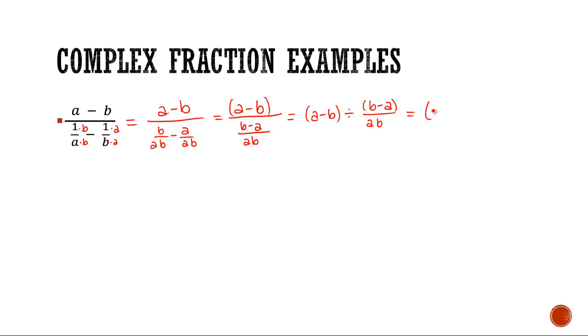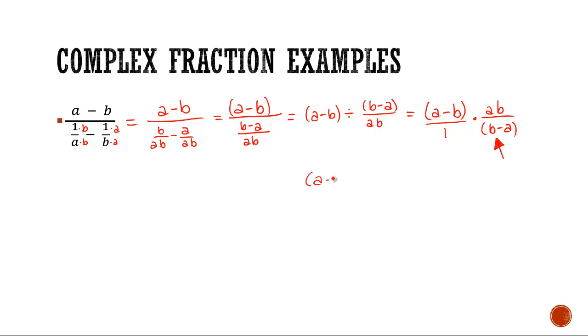So that turns it into A minus B over 1 times AB over B minus A. But now we have no common factors except the A minus B actually looks very similar to the B minus A. If you recall, it's really easy to flip the B minus A into an A minus B if we factor out a negative.